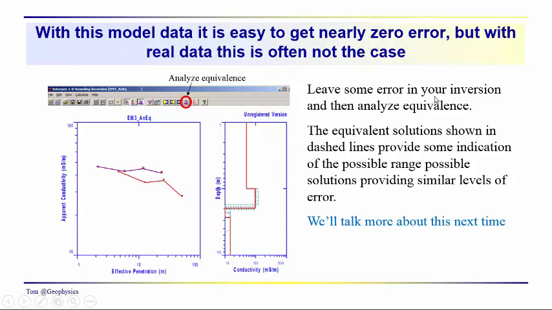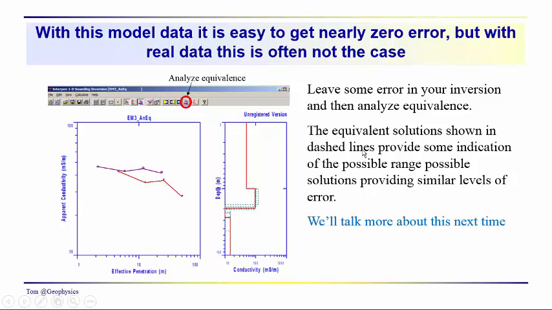But if you leave some error in your inversion, and then you use the analyze equivalence tool here in the software, you have to do at least one iteration, and then you can analyze equivalent solutions. You'll see here that we have these dashed lines, which tell us something about the different possible models that you could have, all of which would give you a similar level of error.